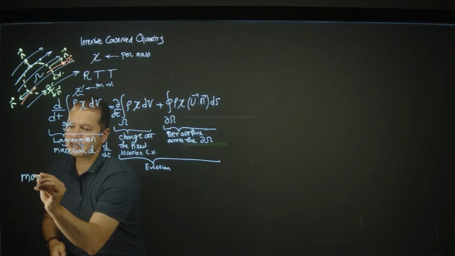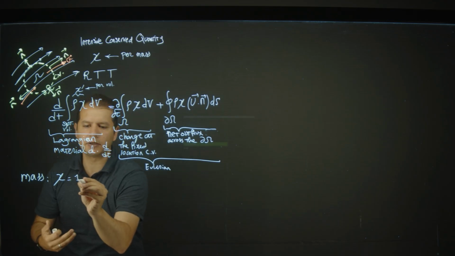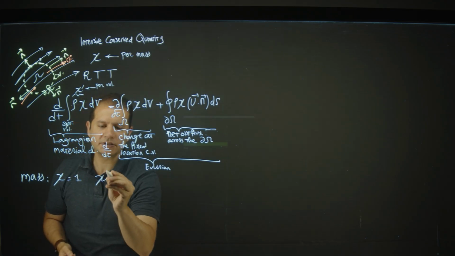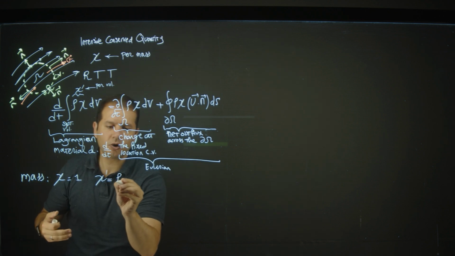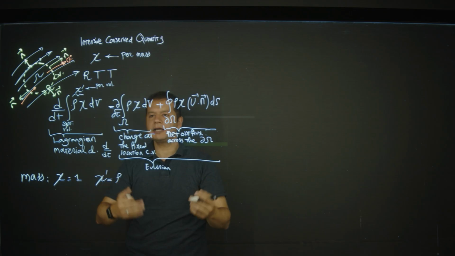When I write it for mass balance, my x, which is mass per mass, is 1. My x prime, which is per volume, is rho times 1, which is rho. So depending on what I write, I use this.